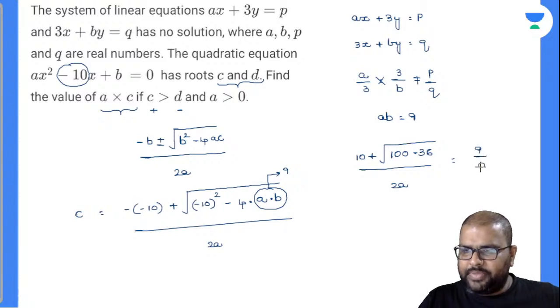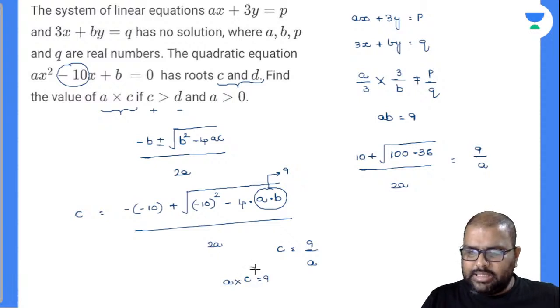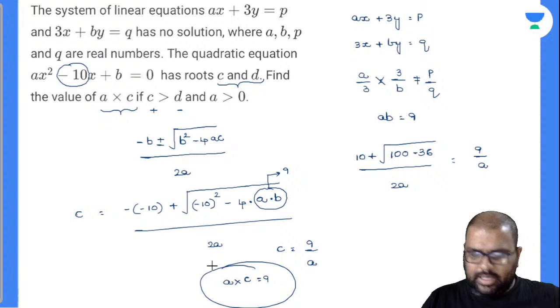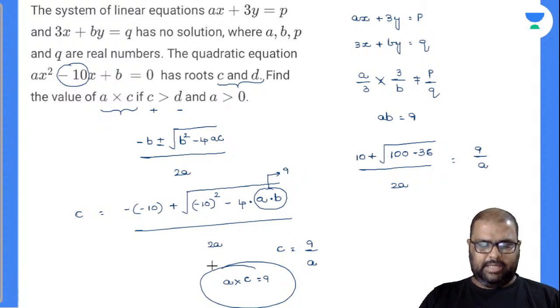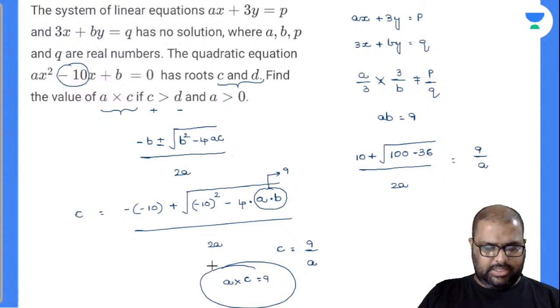Am I right or wrong? So finally my equation is c is equal to 9 by a, and the question asks a into c. Can I multiply the same thing there? A into c is equal to 9, and I got my answer there, right? Exactly, perfectly right. So there is no issue in this.